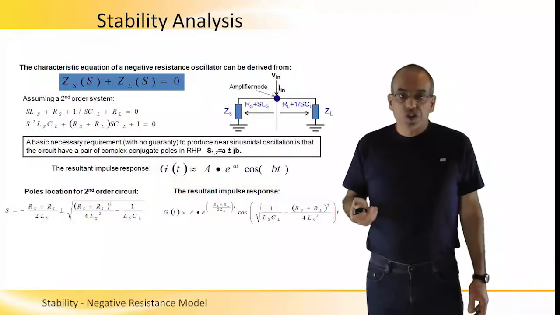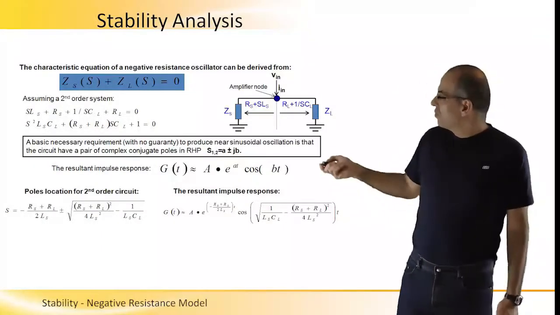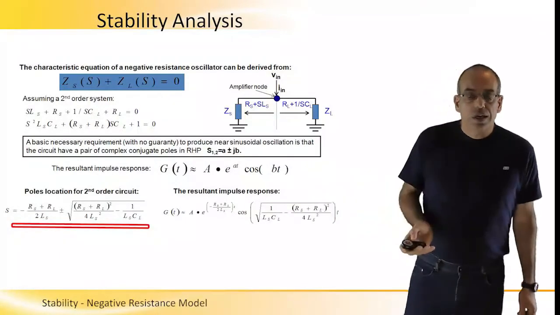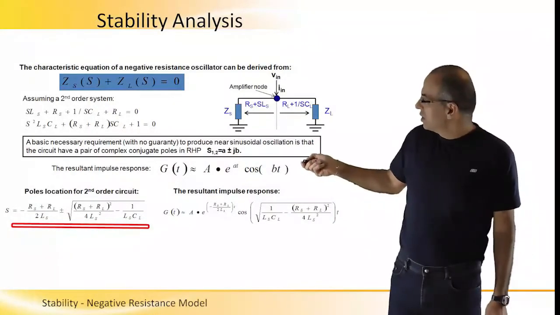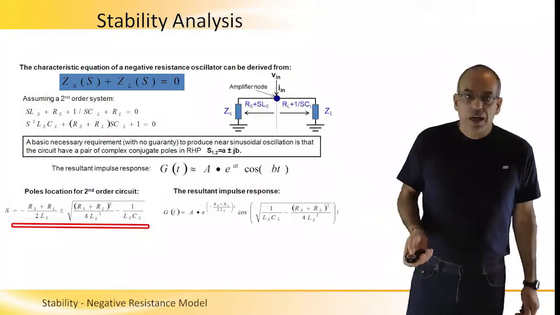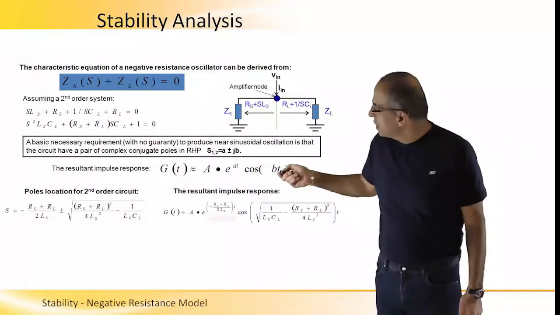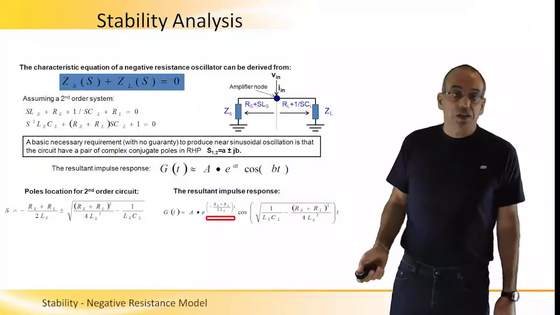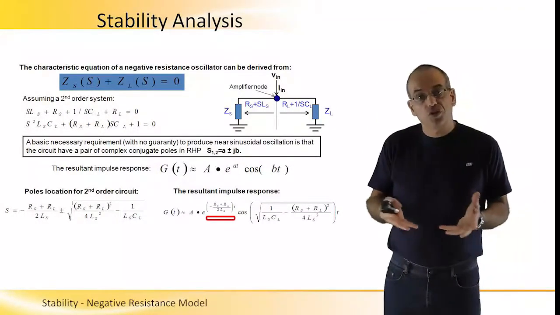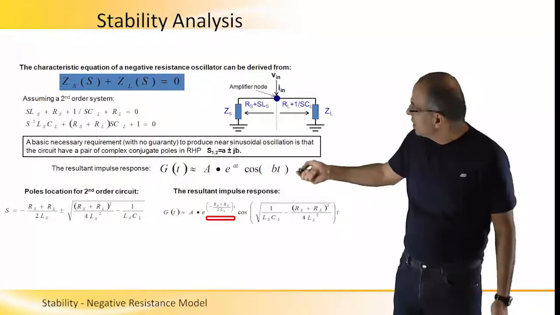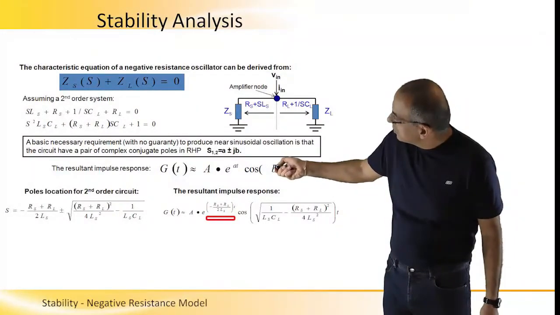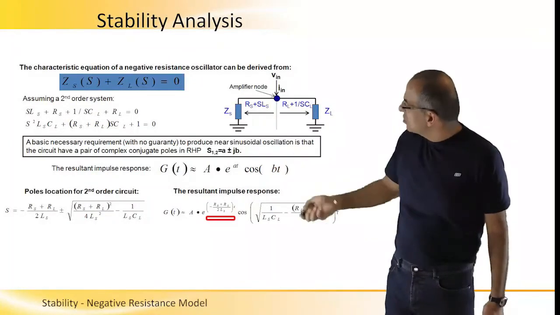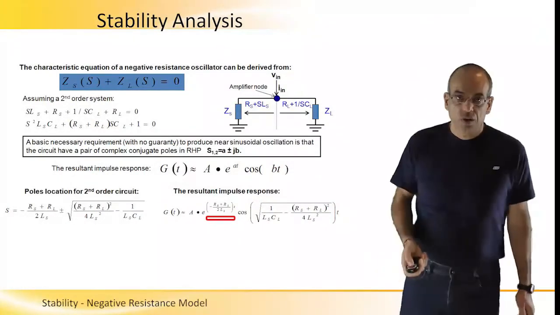If we now solve for the polynomial that we have here, we find the two roots, and we get these two roots right here. If this exponent is positive, which happens when the sum of the two resistances is negative, because we have a negative sign in front of this term, the whole term will be positive, and then we will get this behavior.